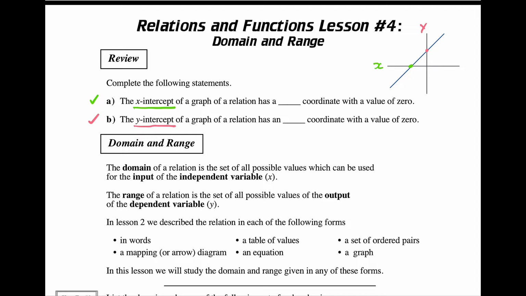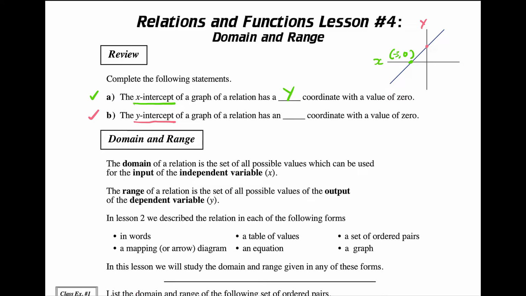Now, what do we know about the x-intercept? Well, we know that the y value is equal to 0. So, for example, this point right here could be something like -3 in the x and 0 in the y.